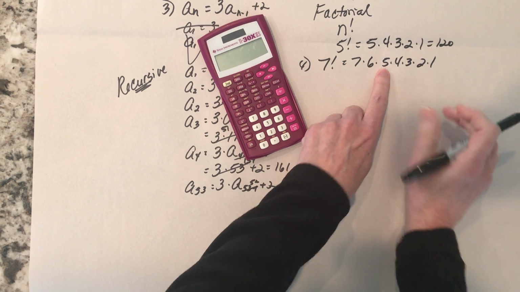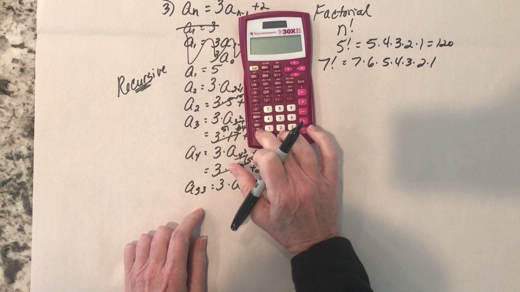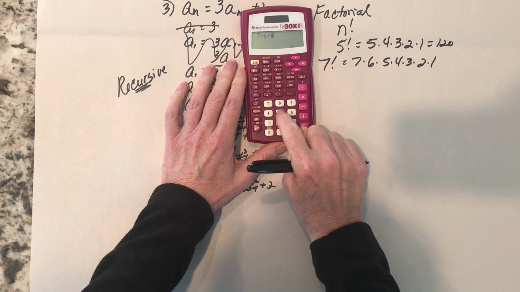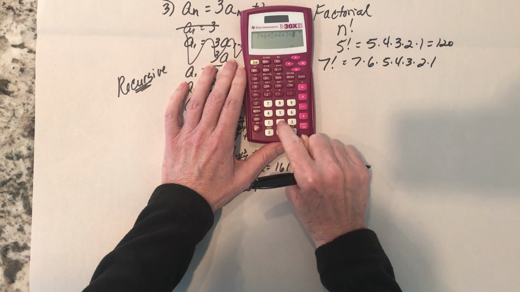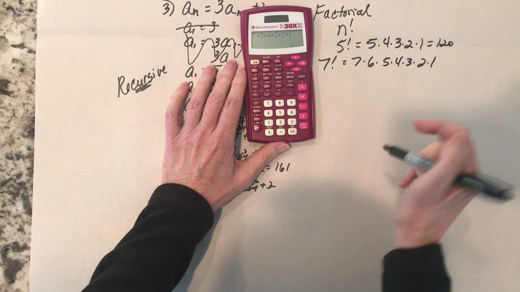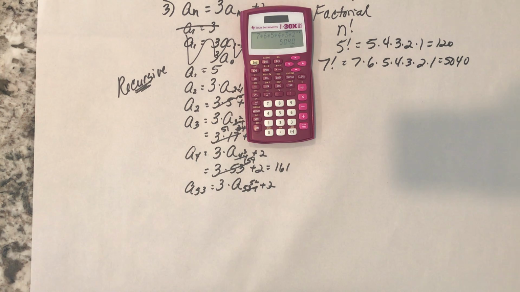Order doesn't matter. So if you wanted to say that's 120 times 6 times 7, that'd be good. Or if you prefer the straightforward approach, 7 times 6 times 5 times 4 times 3 times 2, and just for good luck times 1, not necessary because multiplying times 1 doesn't change it. And we get 5040 out of that, and that's the answer.